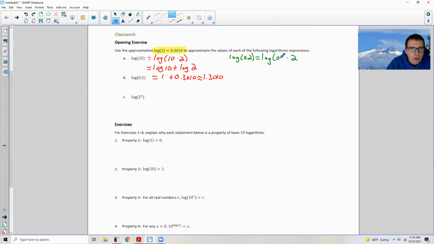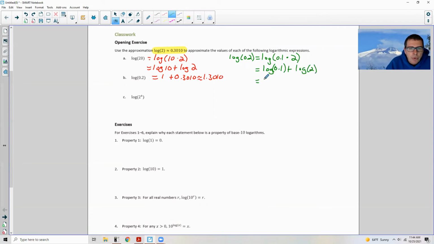So it's going to be 0.1 times 2. 0.1 times 2 is 0.2. So then this is going to become the log of 0.1 plus, put parentheses around that, the log of 2.